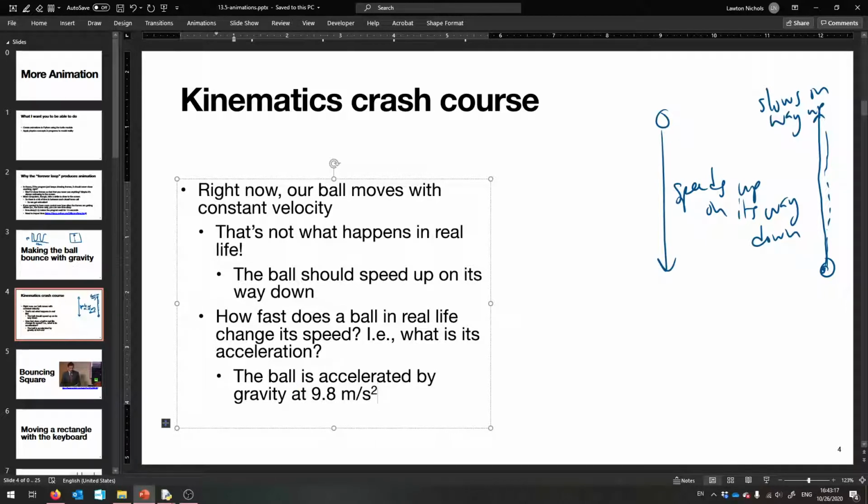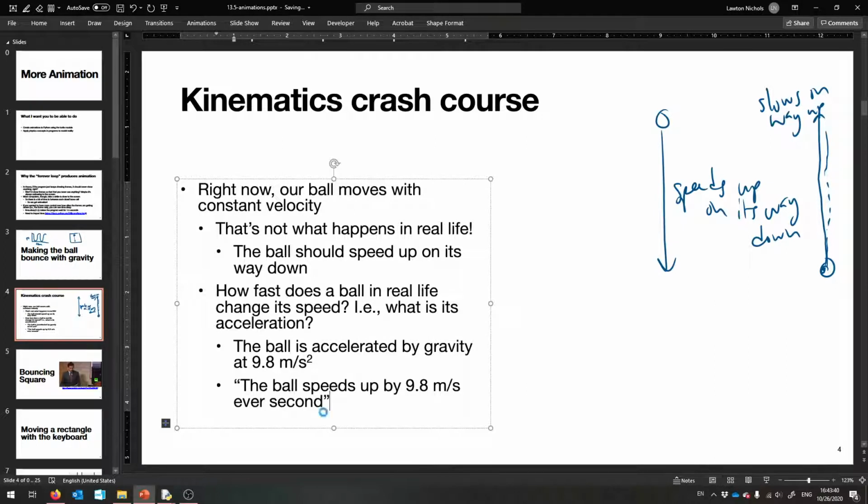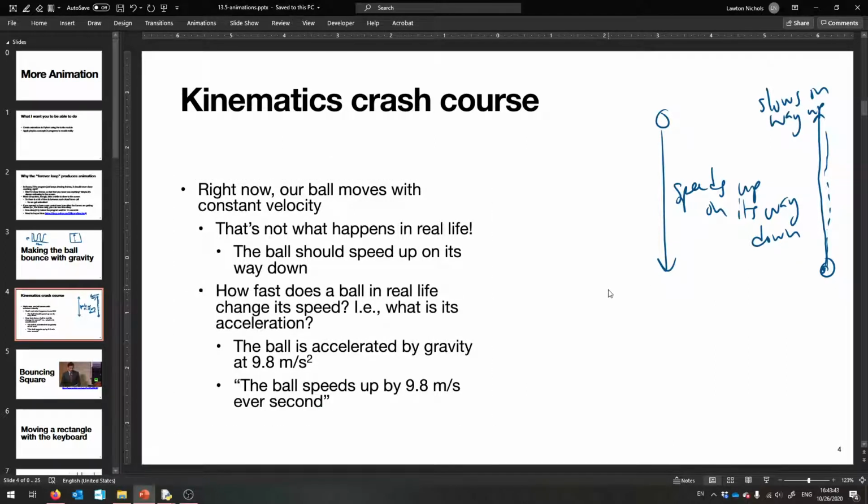So the way you can interpret an acceleration measurement is, think of it like this. The ball is speeding up by 9.8 meters per second, every second, okay? Initially, maybe the ball's speed was 0.